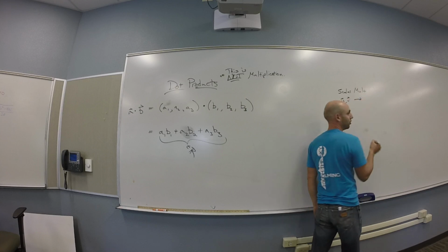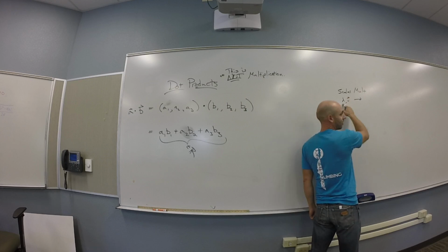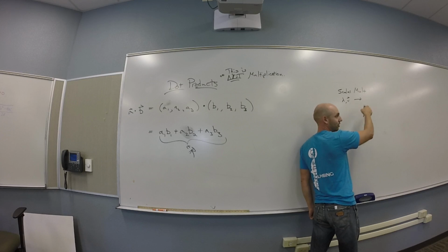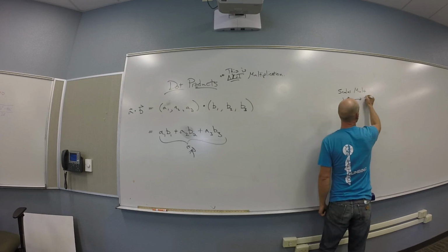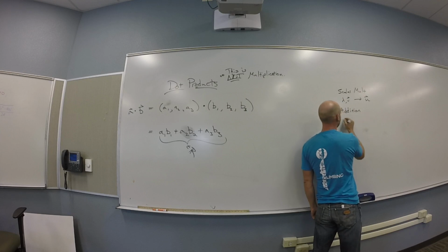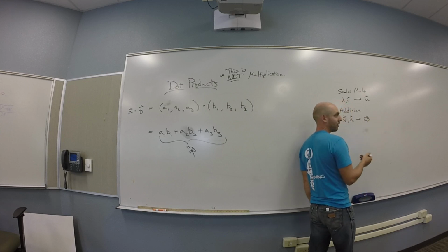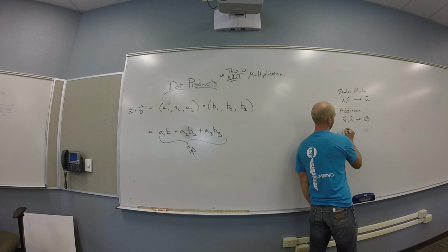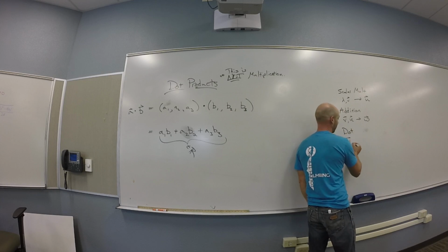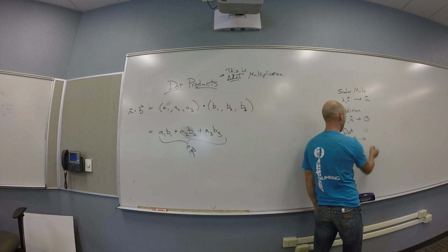Scalar multiplication takes a scalar and a vector and turns it into a new vector. Addition takes two vectors and turns them into some other vector. This thing takes two vectors and turns them into a number.